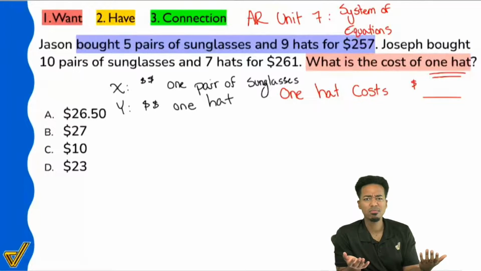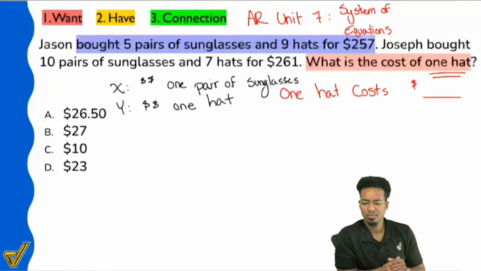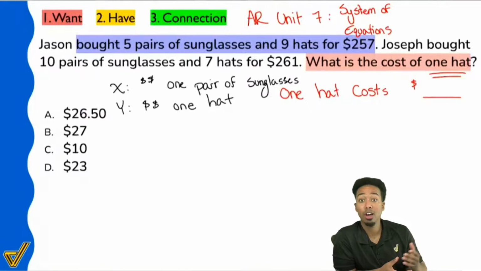Is that fair? So if a pair of sunglasses is X dollars, 5 pairs of sunglasses would be 5X. Is that true?